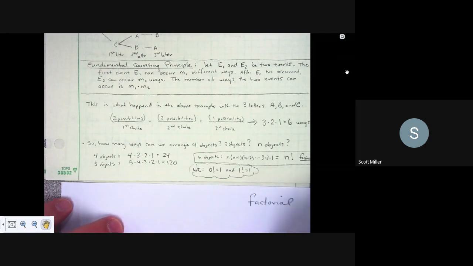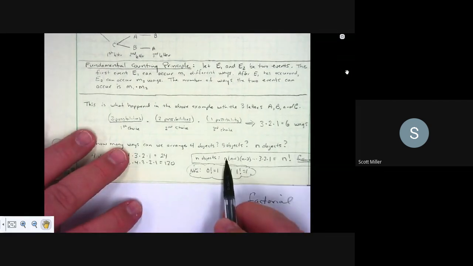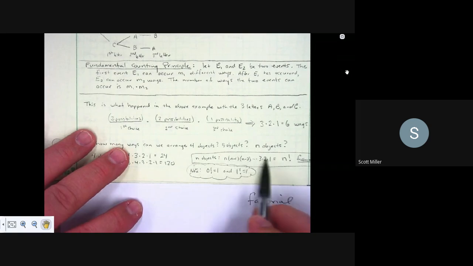Factorial. Okay. And that is taking whatever the number is and multiplying every consecutive number down to 1. N times n minus 1 times n minus 2, all the way down to 3 times 2 times 1. That is called a factorial, and we designate it with the exclamation point.